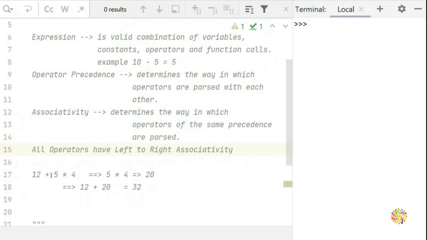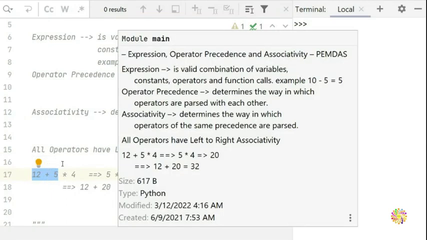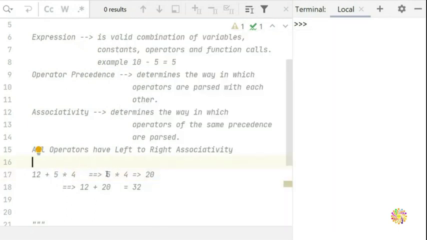So 12 plus 5 multiply 4. If you do this one first, 12 and 5 makes 17, and then multiplying by 4, you get a different number. The correct way is 5 multiply 4, which gives 20.